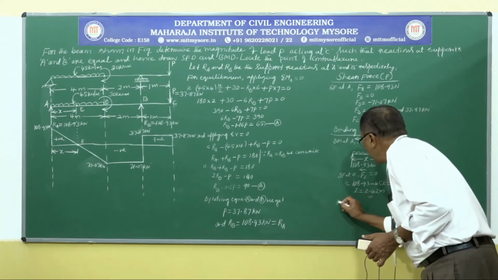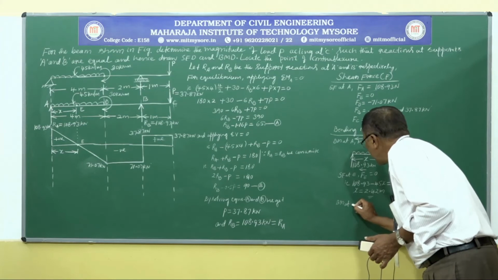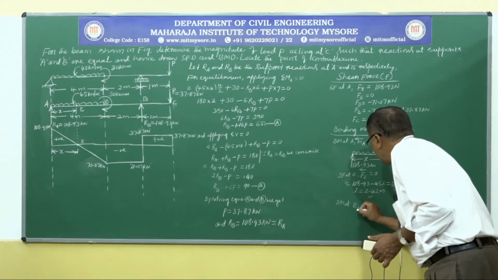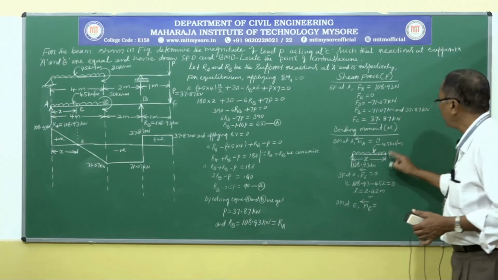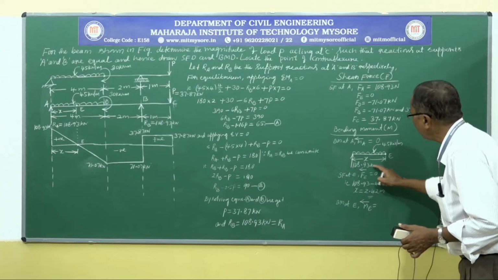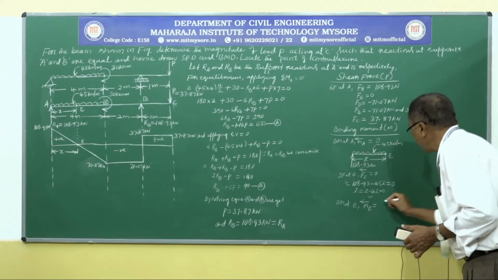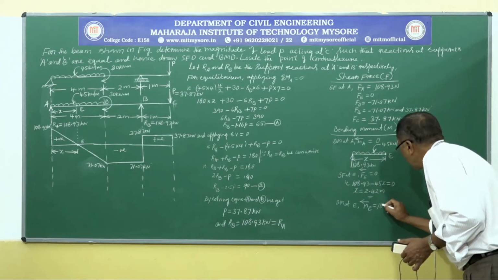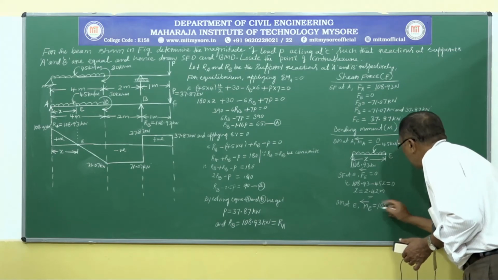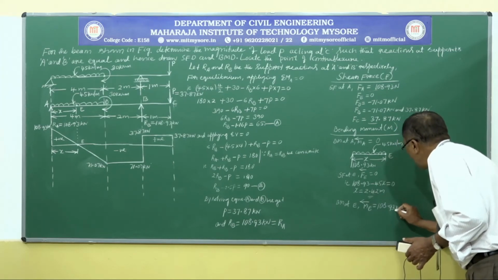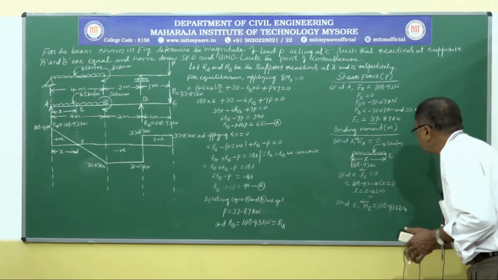Next, bending moment at E, ME, by considering forces to the left-hand side, is equal to: at point E, it is 108.93. This reaction will create a clockwise moment, positive, 108.93 into x, which is 2.42.